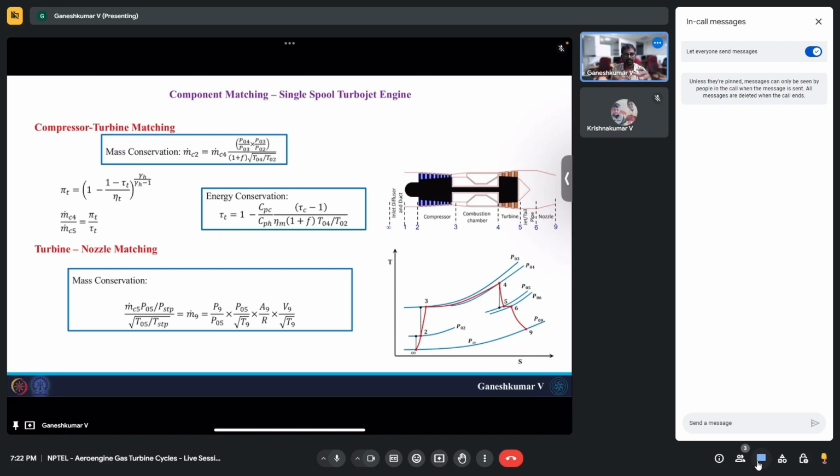Please understand, there is a nozzle which is designed for some A9. Once you fix A9, and the nozzle is choked, as it is for ground condition, the mass flow rate through the nozzle will not vary unless there is a change in the inlet pressure.